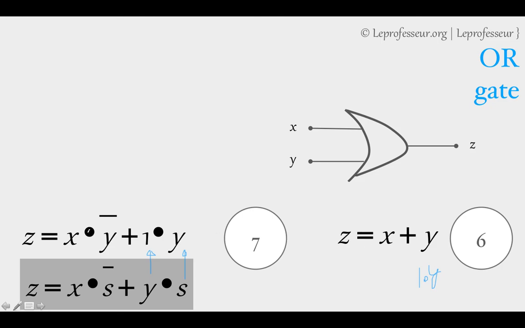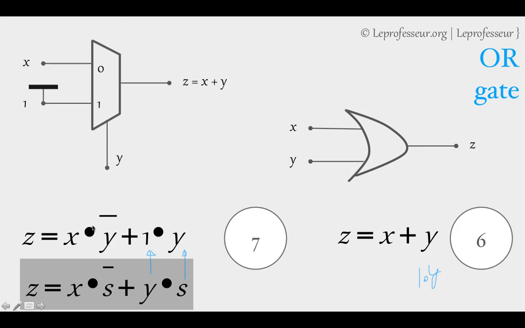It's a bit tricky, but a very simple, intuitive idea behind it. In other words, I'm going to connect the select line with the y input line, and whatever was coming on y, I'm going to connect it to the high value. Very simple. So you've got the idea about the OR gate.